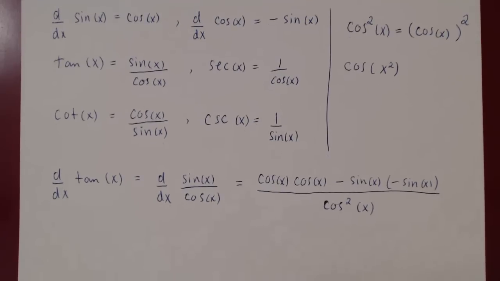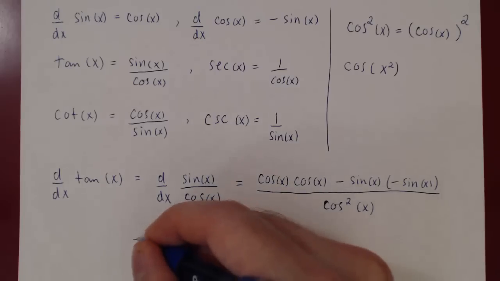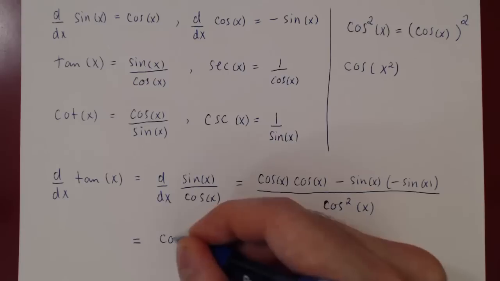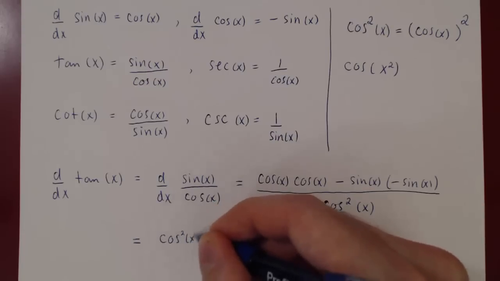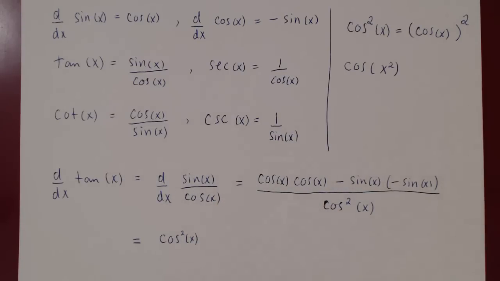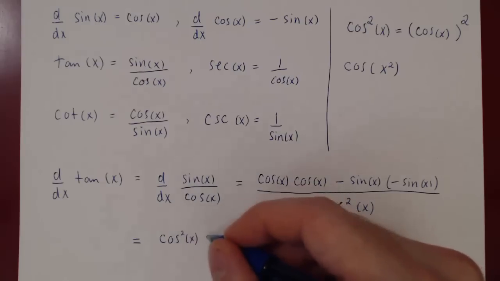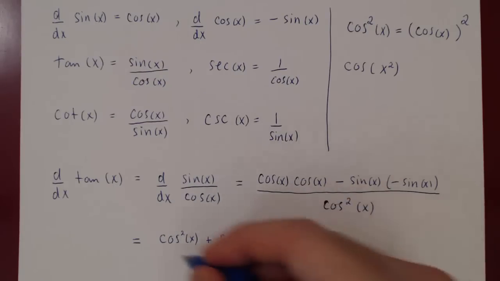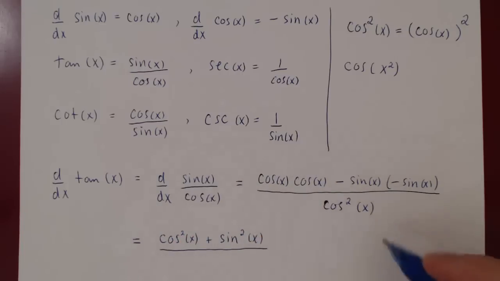So now, let's simplify. So what do we have? Cos times cos, that's cos squared. Minus minus will be plus, sine times sine. So plus sine squared of x. And we are dividing by cos squared of x.